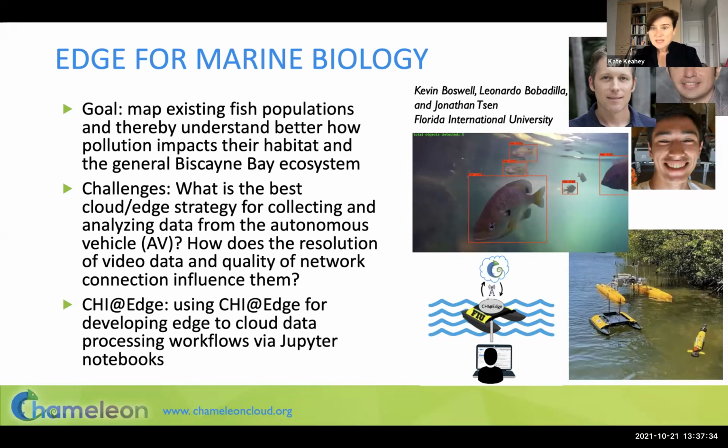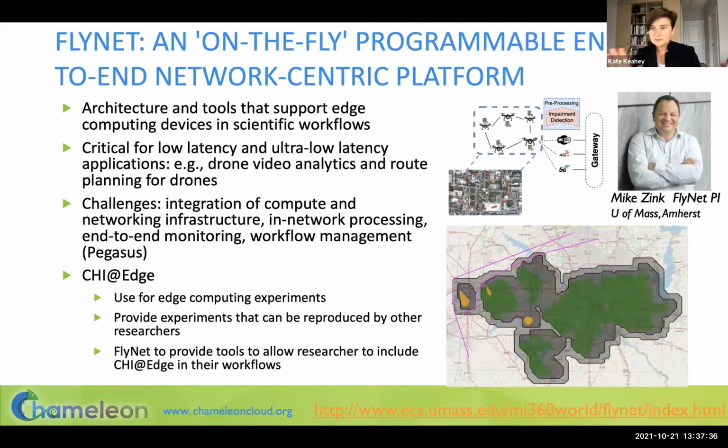So. Last example to cover land, water, and air is a project called Flynet. And what they do is, well, they look at various tools that support edge computing devices in scientific workflows. But what they are trying to do is essentially develop flight control for various drones.